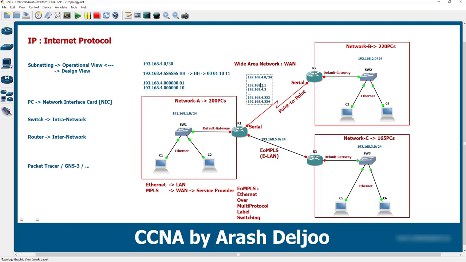This means that now we are using, for example, 192.168.40.0/30 for this link, okay. Let me write here, and we have 2 usable IP addresses. Let me calculate it: 192.168.40.1/30.